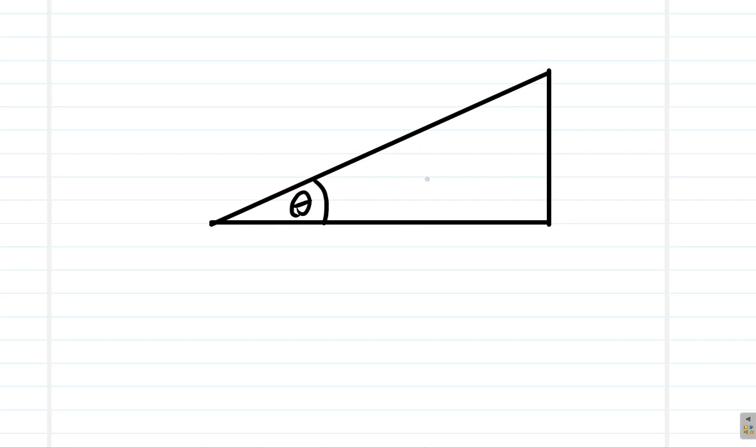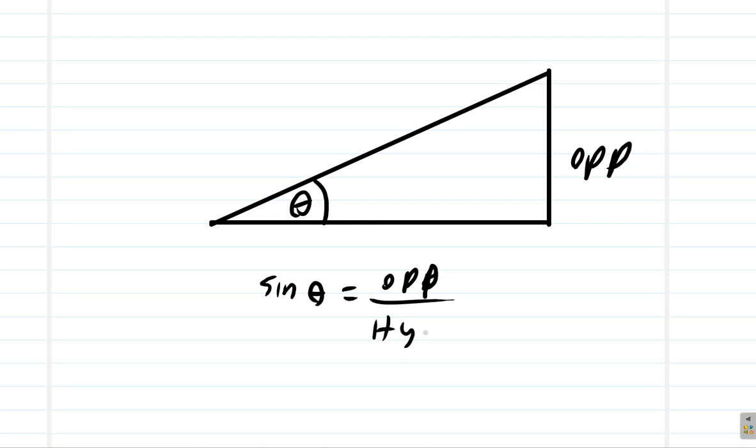Okay. Now, remember, the sine of theta is the opposite divided by the length of the hypotenuse, length of the opposite divided by the length of the hypotenuse.